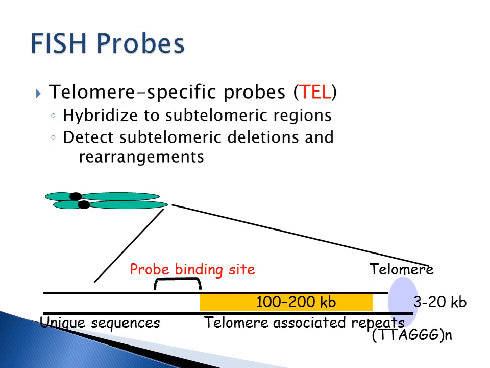You can also use telomere-specific probes, which are going to hybridize to the sub-telomeric regions and detect sub-telomeric deletions and rearrangements. So depending on what regions the probes bind to, you're going to be able to detect any alterations in that region of the chromosome.